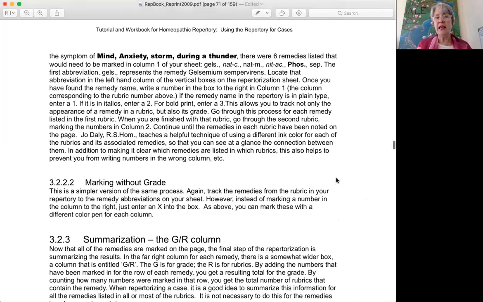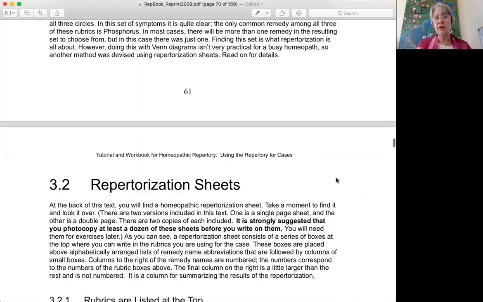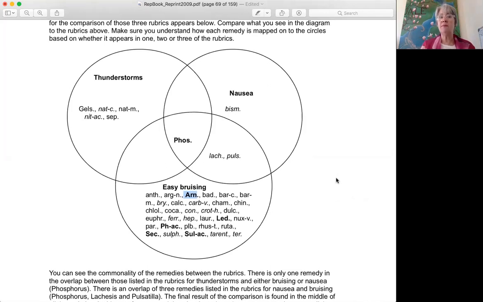Now, if you're in a pinch, you can make a Venn diagram like this for yourself, where you can write it down and just check the different remedies in there and put them into a diagram. How many of you have software that you're using now? Dot, you do?